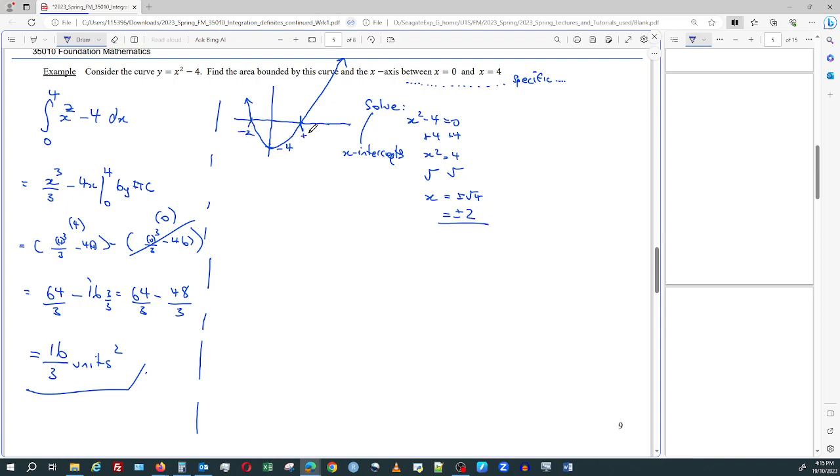Now, if we'd done the integration there, we would have picked up this area. But we weren't told to do that. We were told to do the integration here between 0 and 4. So what that meant was that we had a sum of a negative and a positive.